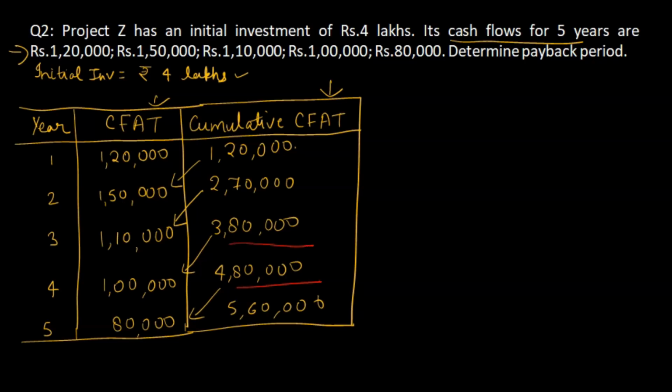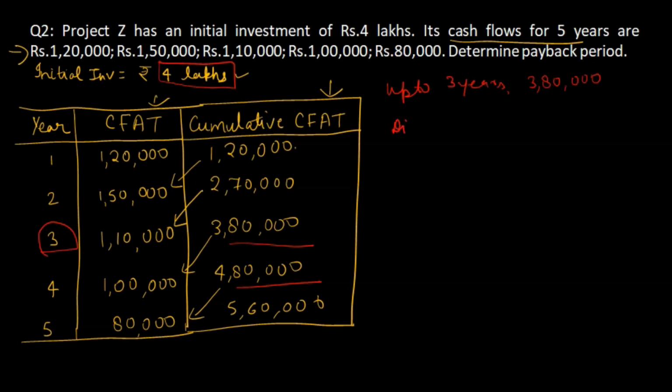We are not able to find this exact 4 lakh, but we need to see in what duration we can recover it. So up to 3 years is fine, we are recovering up to 3 years. We can get 3,80,000, but we need 4 lakh.